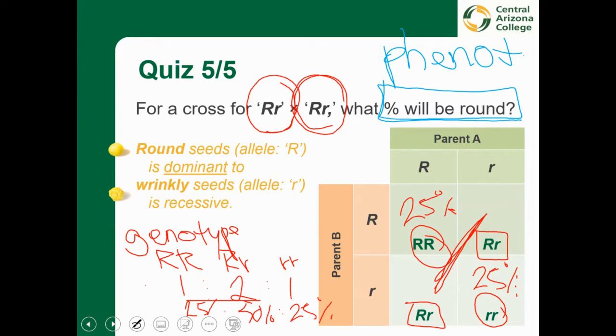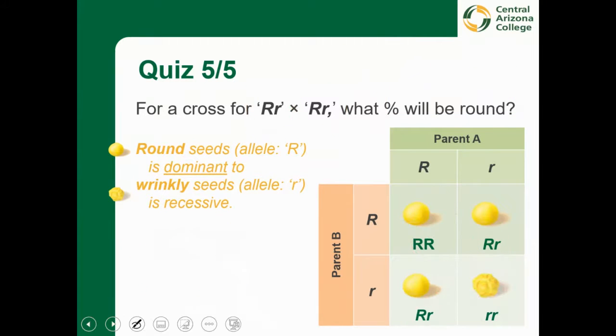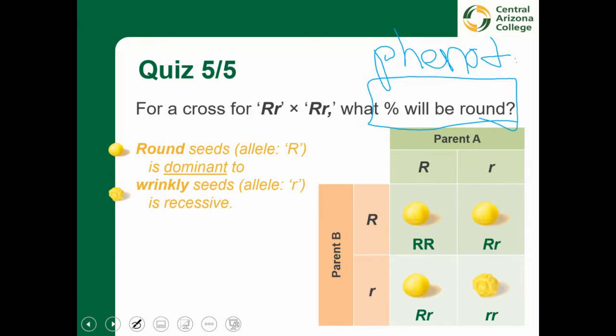Let's have a look at what kind of outcomes we will end up getting. So remember, we're again focusing on phenotype. As long as there's even 1 capital letter, 1 dominant trait, that's what we will always see.